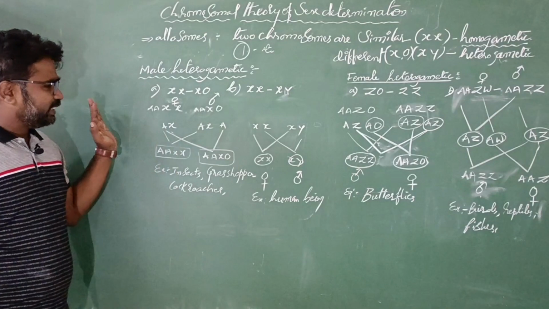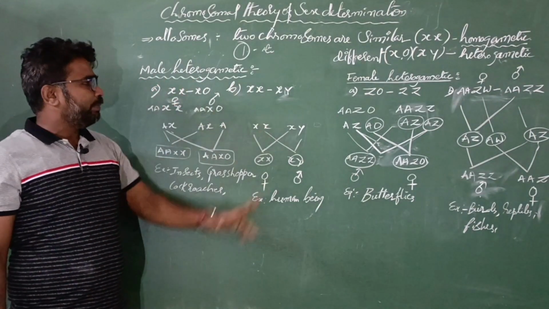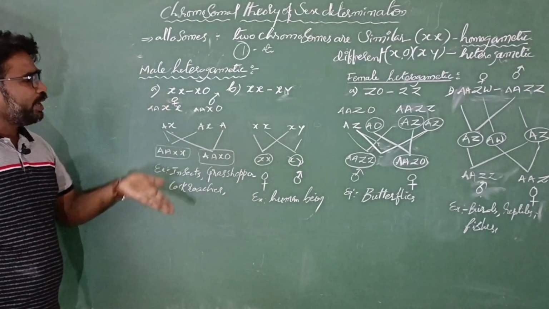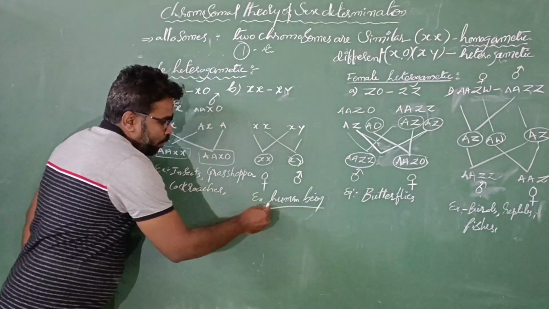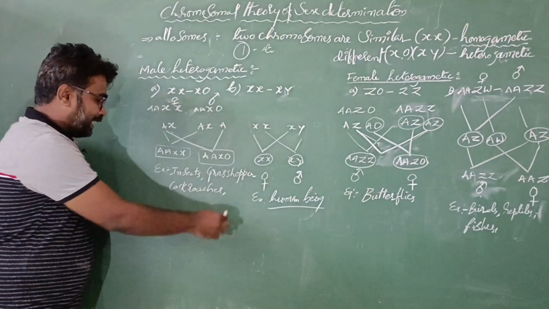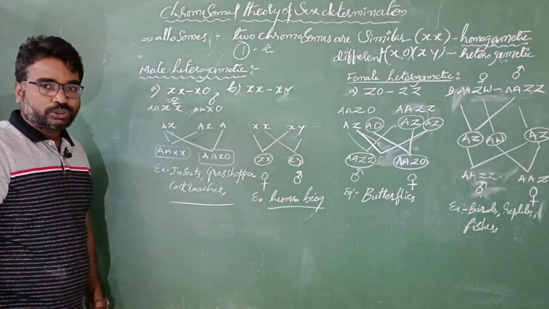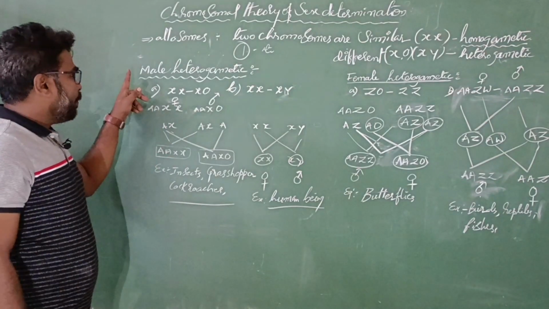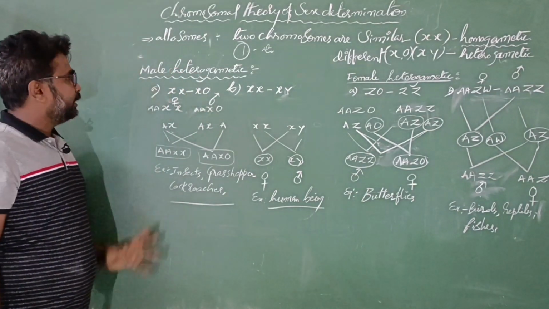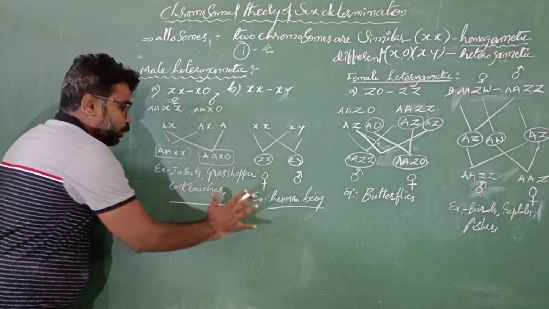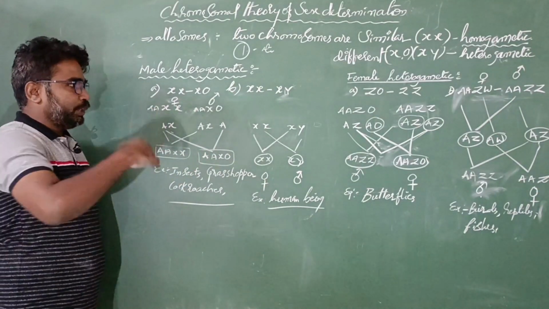Here, male heterogametic organisms are mainly human beings as well as insects like grasshopper and cockroach. Male heterogamete: insects and human beings.